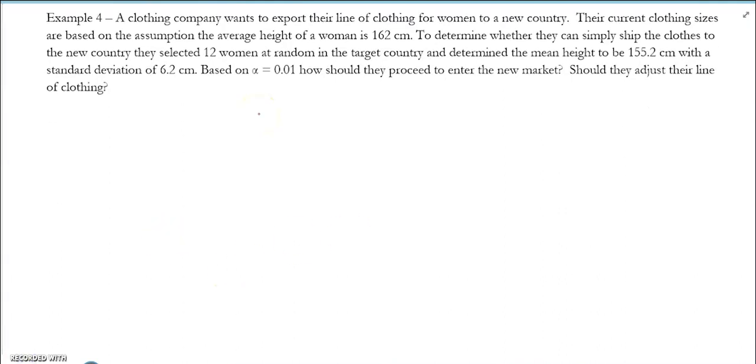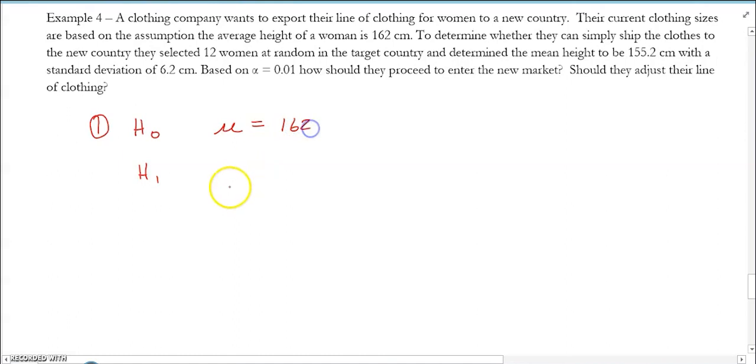So starting off with stating our hypotheses, we have H0 and H1. Now, in this question, there's a couple ways we can look at this, but the way I interpret this is that the mean either equals 162 or the mean does not equal 162.